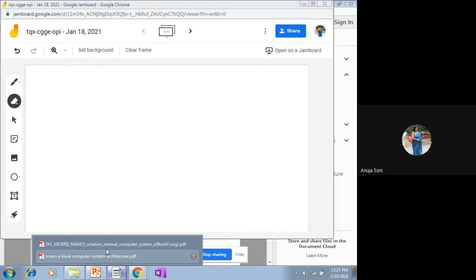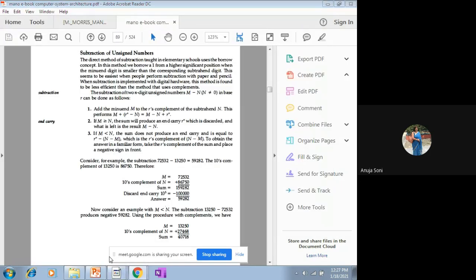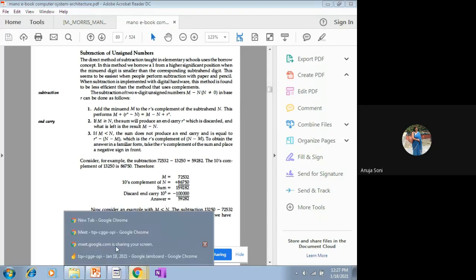Yes, it has been done. Now I'm taking the same example as given in the copy of your book. What value of m is given? 72532.